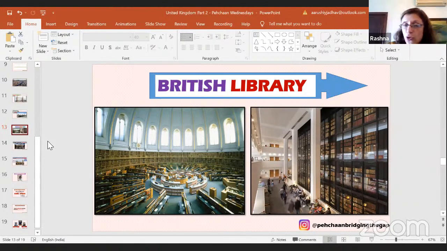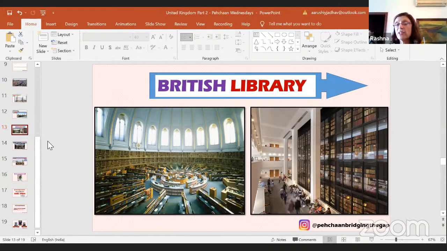It is huge. As you see from the picture on the left, you see the old part of the library. You can see how beautiful it is along the wall. You can see all the books. And in the center, you can see place for people to go and sit there and take books and read those books and study. But as life went on and the years passed, with more and more books, they had no place to keep them.